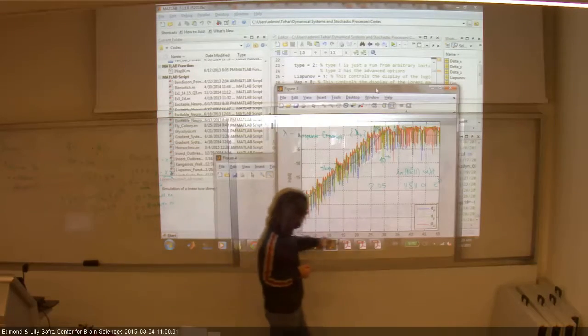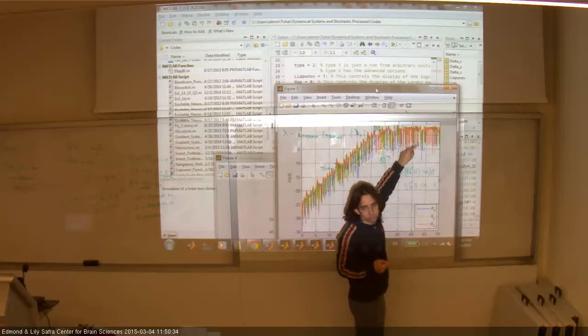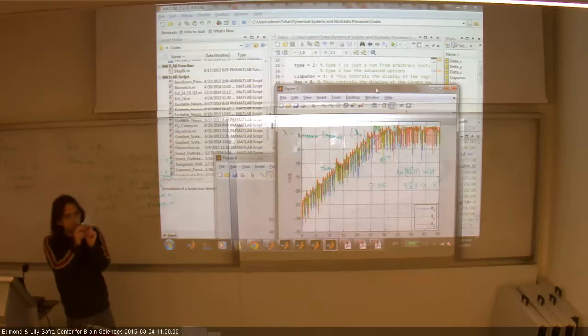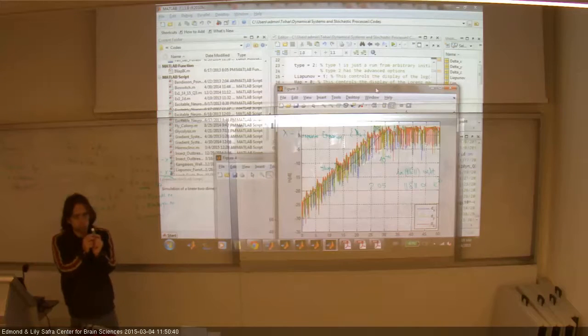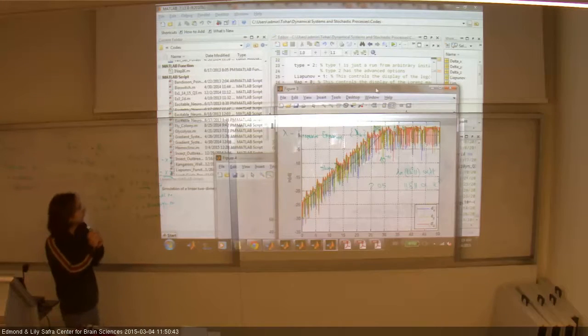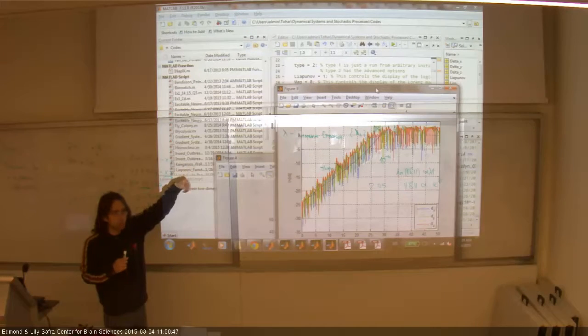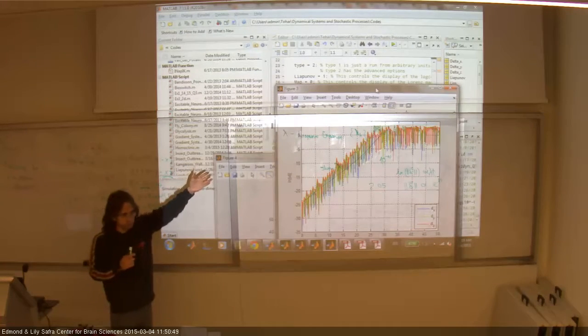So you see, after a long time, these will be the errors in the prediction. So it almost doesn't matter how accurate your measurement is. You will always, at some point, go to these large errors.